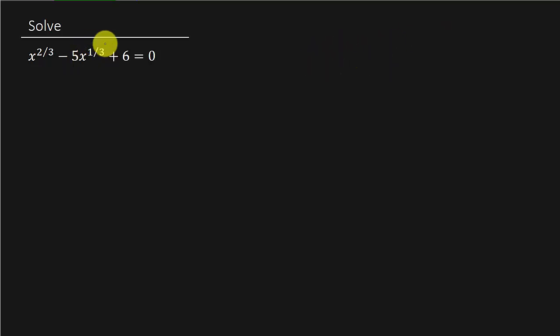Look at that middle term there, that x to the 1/3. What I'm going to do is say let u equal x to the 1/3. And then I'm going to square both sides here. So that's going to give me u squared equals x to the 1/3 squared. So that's u squared equals x to the, now what do we do here?